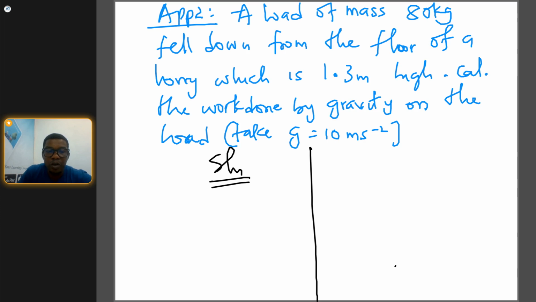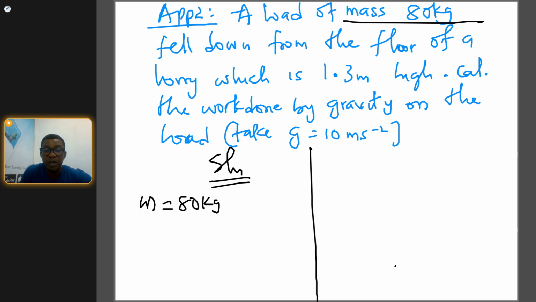We have a load of mass 80 kg. The first information was mass, M, which was given to be 80 kg. It fell down from the floor of a lorry, which is 1.3 meter high.